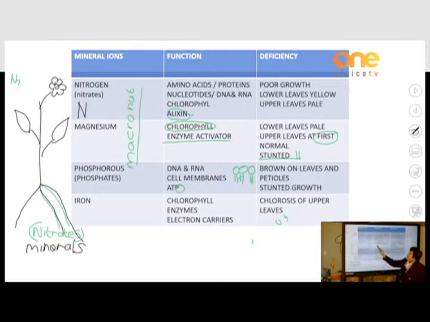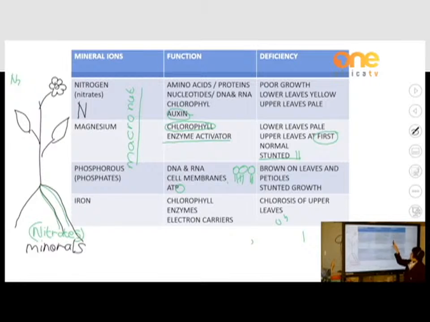Now, magnesium: chlorophyll, and enzyme activator, and I will have the lower leaves pale. Upper leaves pale, poor growth.